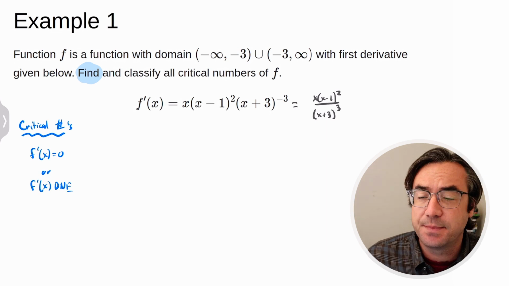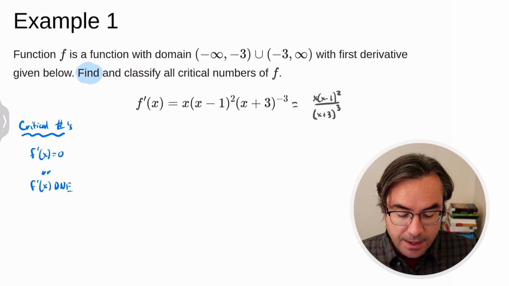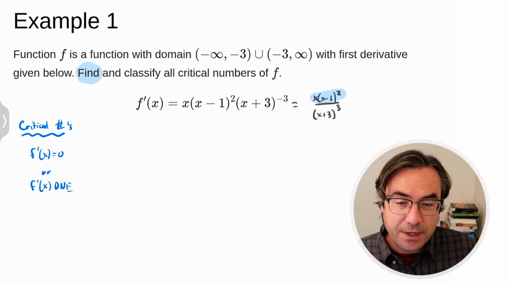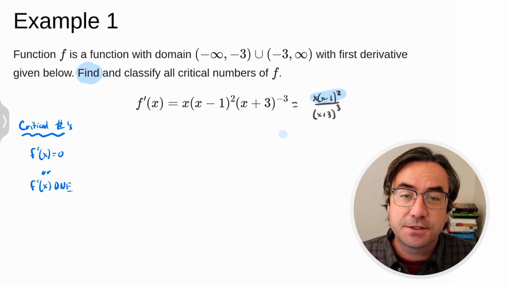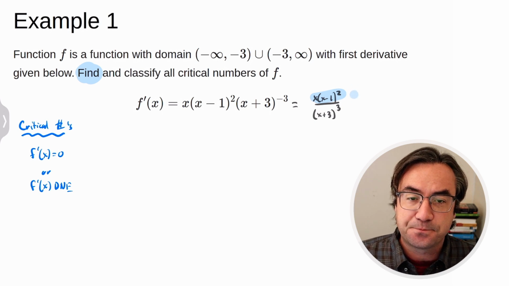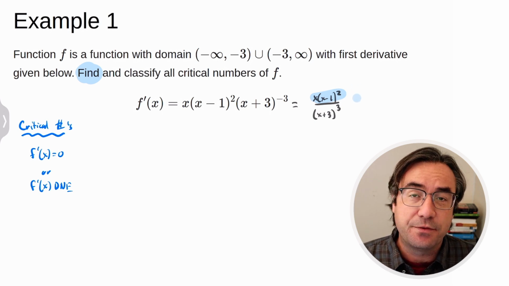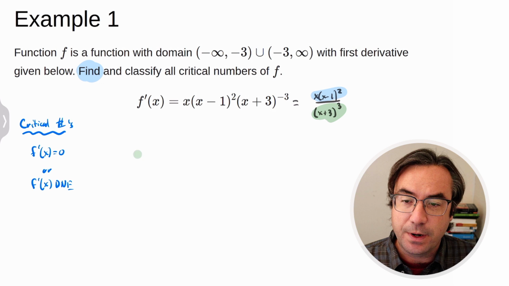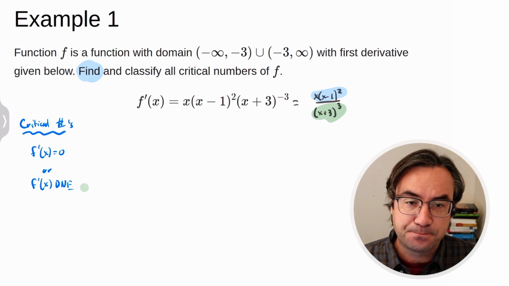So those are the two possibilities for our critical numbers. And the nice thing about having a fraction is we can look at the numerator, set the numerator equal to 0 to get where this derivative is 0. And then we can set our denominator equal to 0 to figure out where it's undefined.